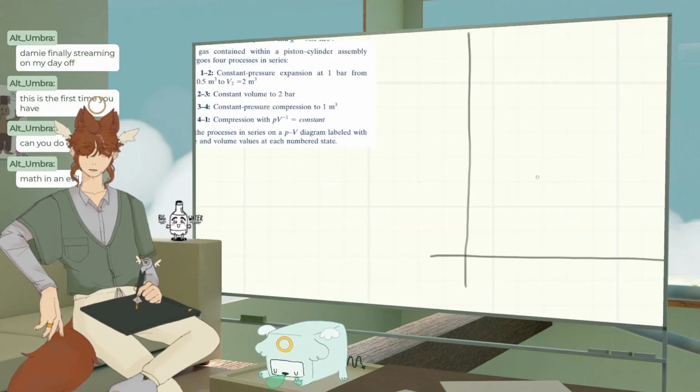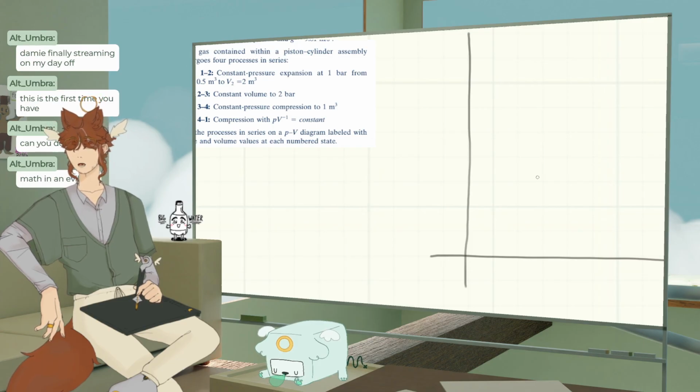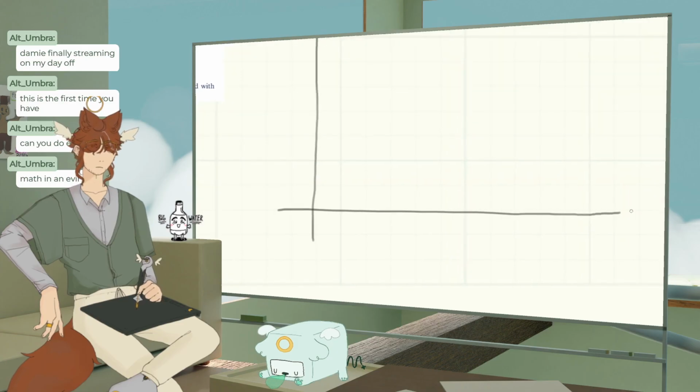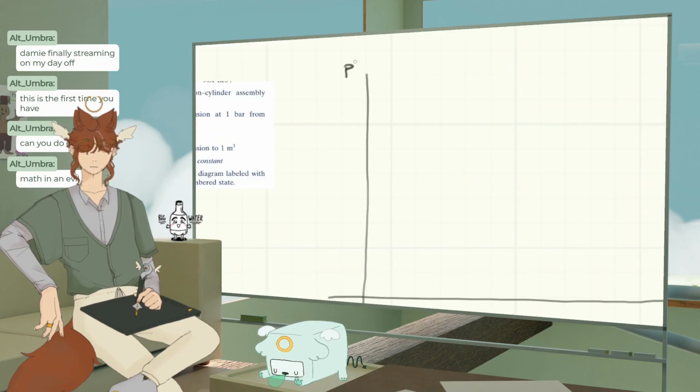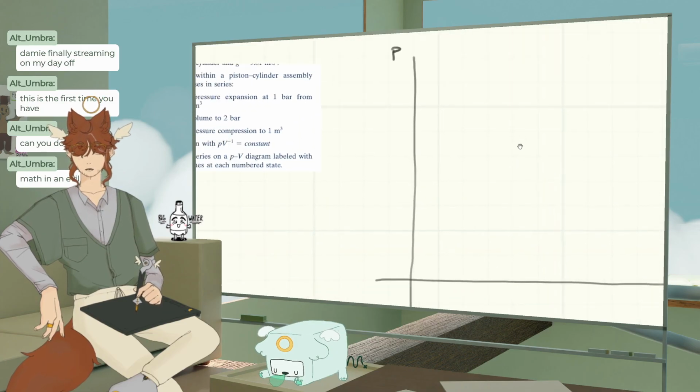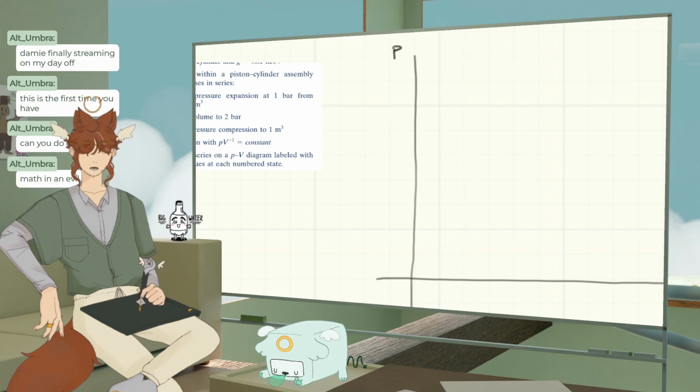The gas contained within a piston cylinder assembly undergoes 4 processes in series. Constant pressure expansion at 1 bar from V to V. Alright. So, we have V here and P here, if I remember correctly. Let me check that real quick.